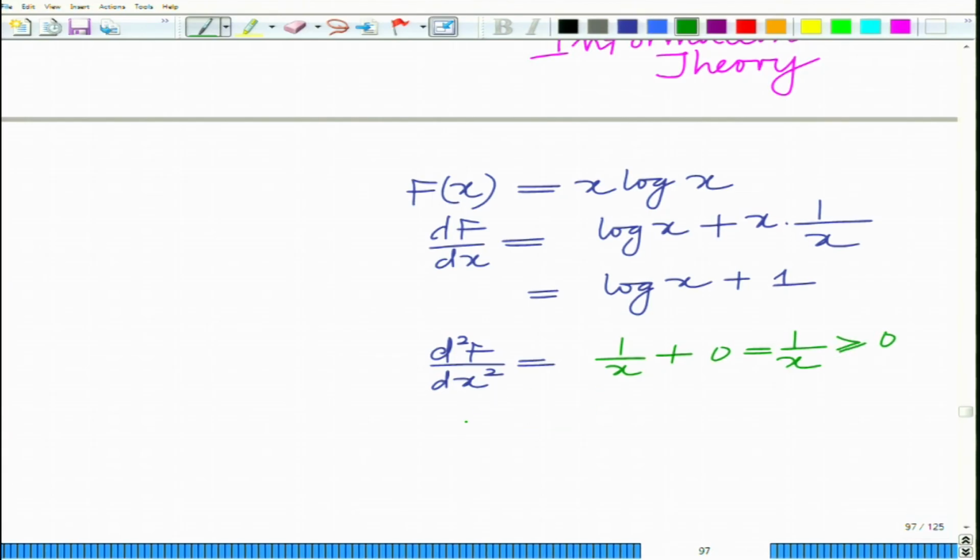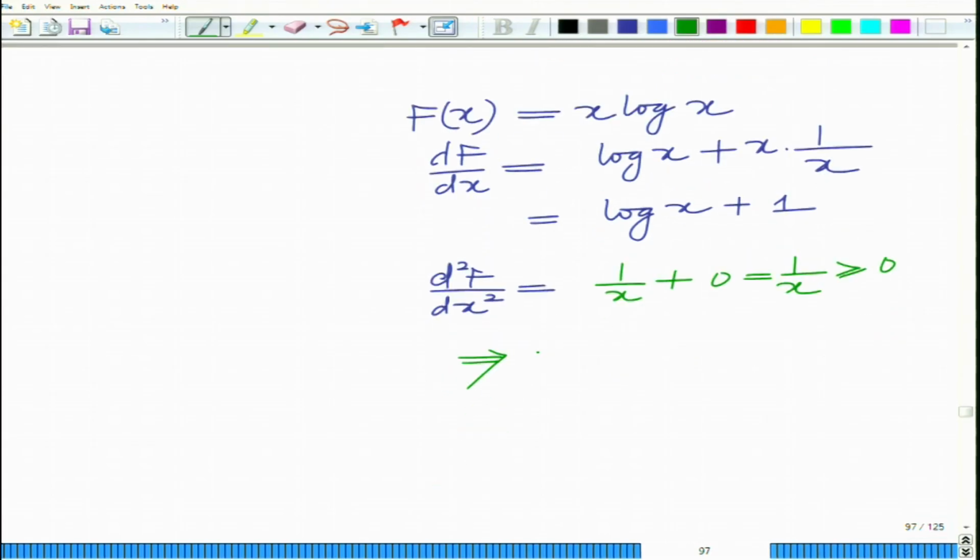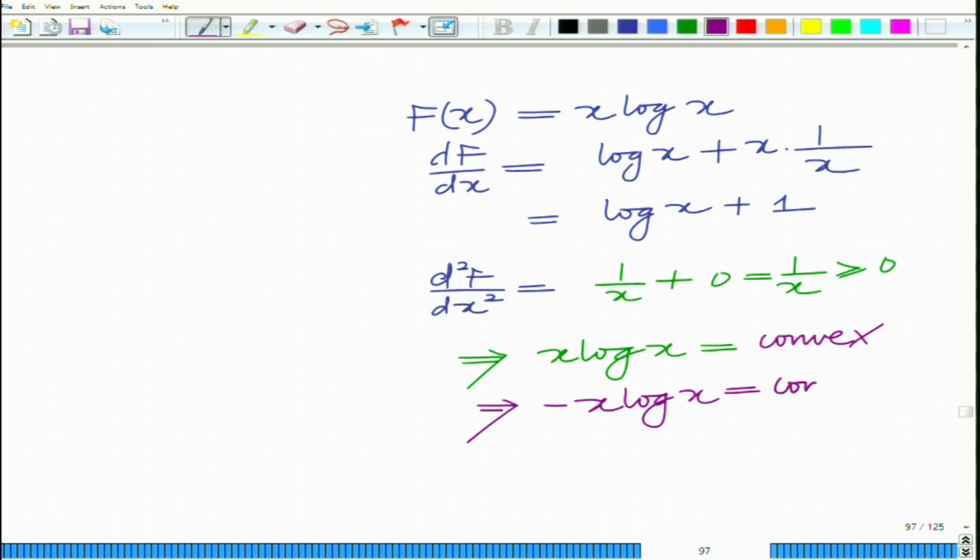So, this implies the second derivative is greater than or equal to 0, implies x log x is convex, which implies that minus x log x is concave. Okay.